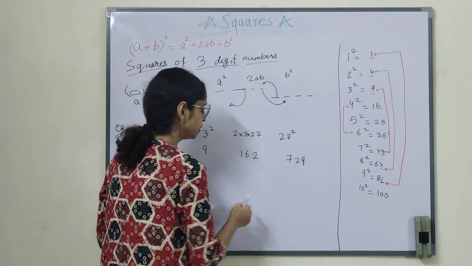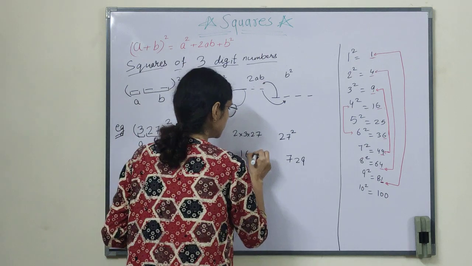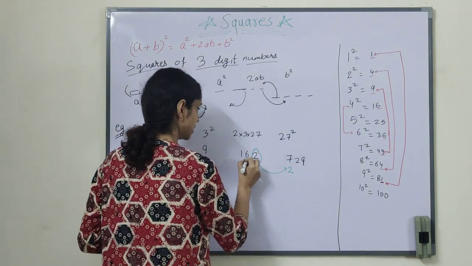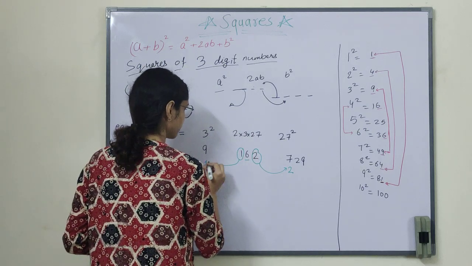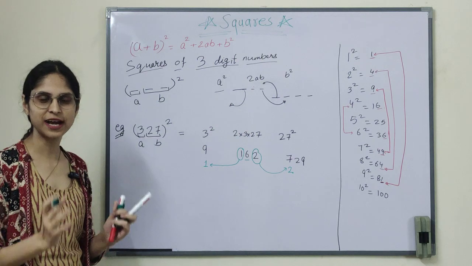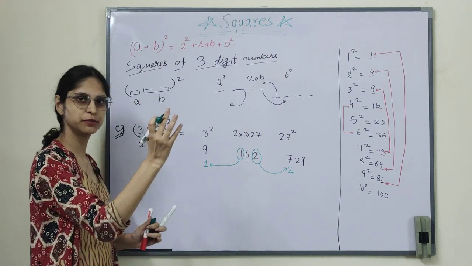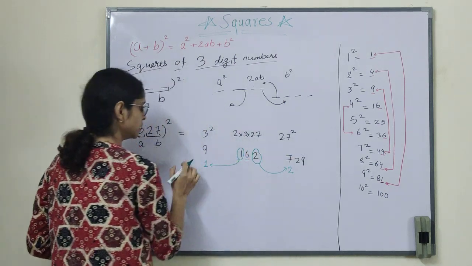Now like I told you, what we will do, 3 digits will keep as it is. This 2 I will write here. 6 I will keep here. This 1 I will write here. Okay, so it's like a sandwich. The middle one you are keeping, the last one you are giving it away, and the previous ones you are giving it here.